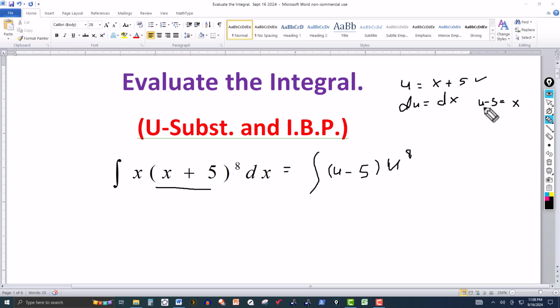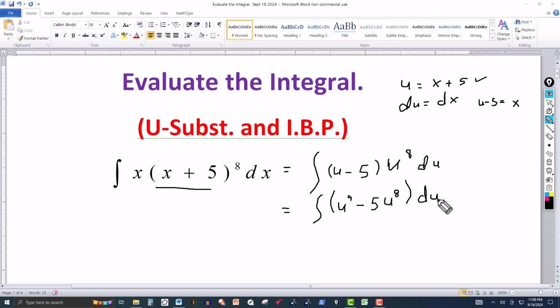And dx and du are the same thing, so this would be du. Then we just multiply: that's the integral of u to the 9th minus 5 times u to the 8th.